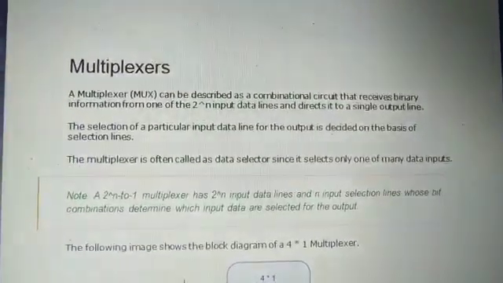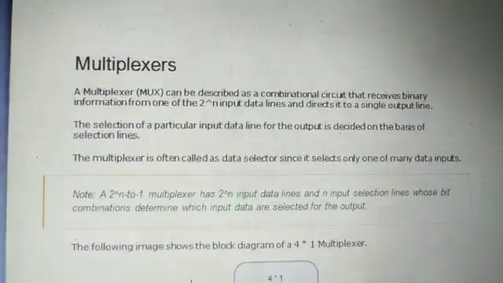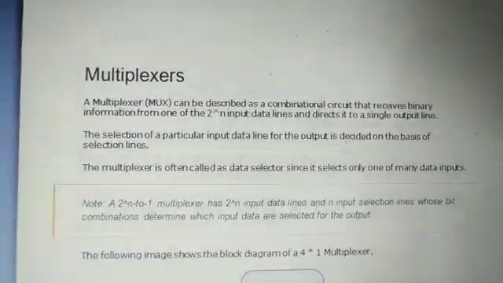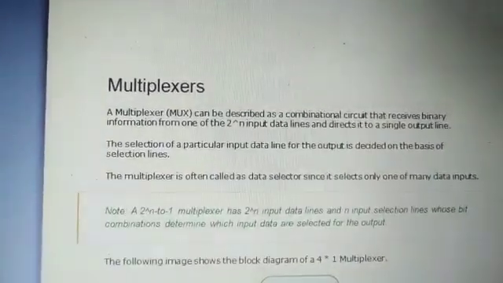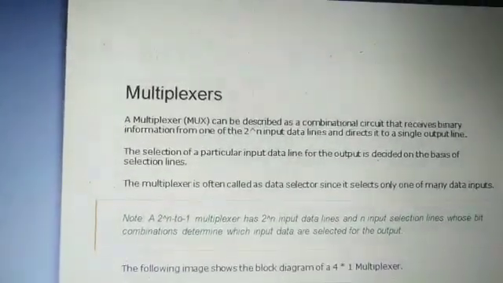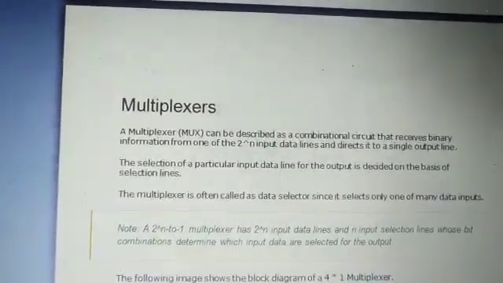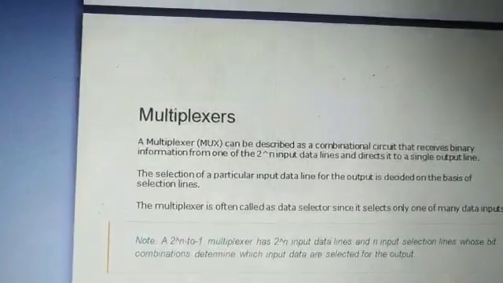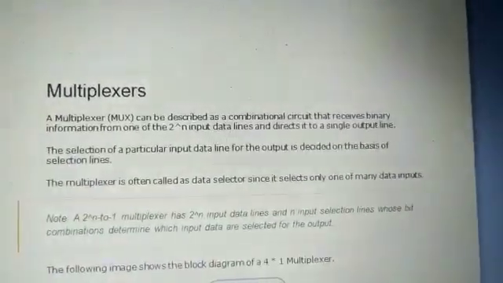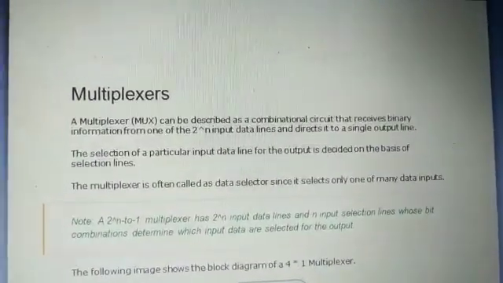So if from several inputs you want to select any one, we will require a multiplexer circuit. Here I am giving the example of a 4x1 multiplexer, but you can implement 8x1, 16x1 also.